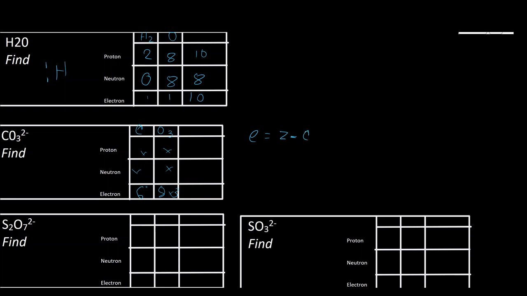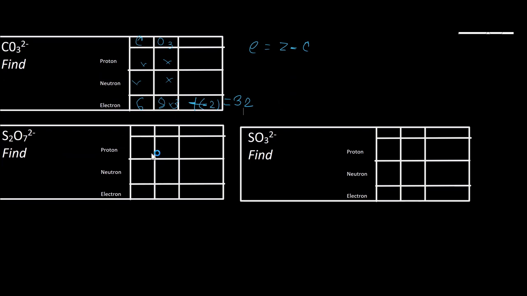Well, we already have calculated this. Z is the number of protons. But now, this is where it becomes a bit challenging. We have to put minus, and then since the charge is also minus 2, it becomes plus. So what is the summation of these electrons? It becomes 32.